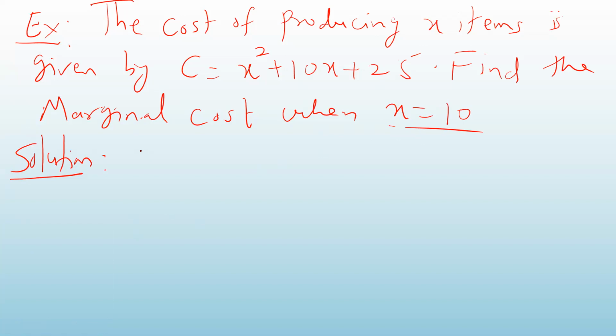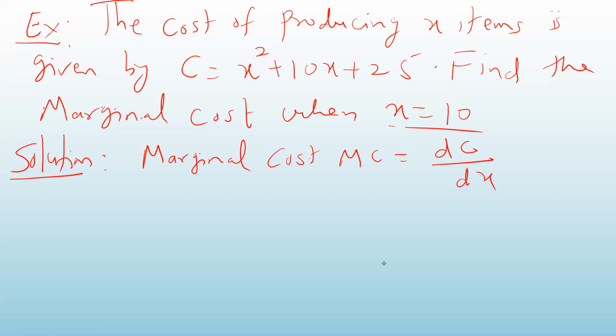We know that marginal cost is nothing but derivative of C with respect to X, correct? So we have to take the derivative of C with respect to X.